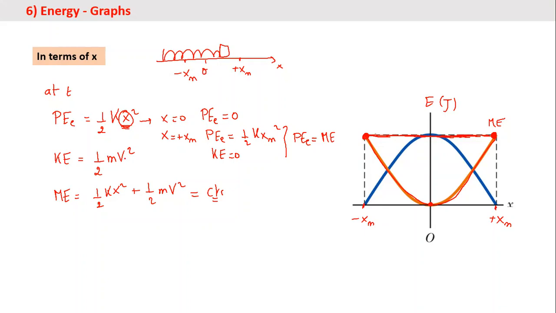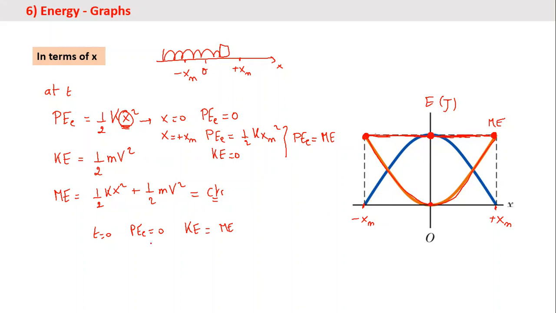Now, let's see the kinetic energy, half mv squared. At t equal to 0, if PEE is equal to 0, this means the kinetic energy is equal to the mechanical energy. So it's maximum. For x equal to 0, I have a maximum speed, which means a maximum kinetic energy.